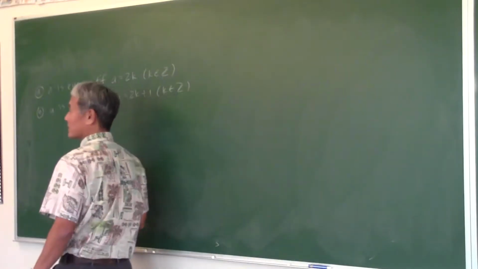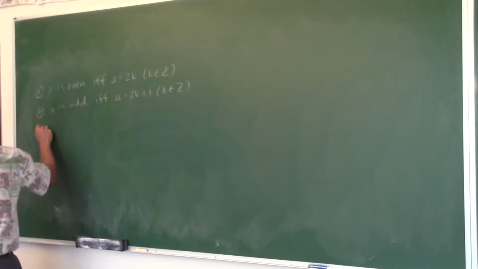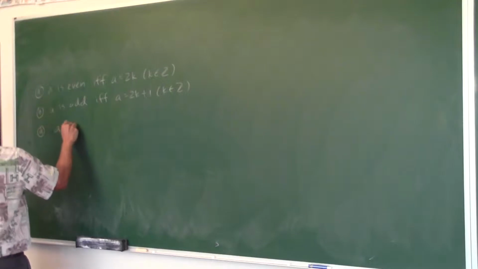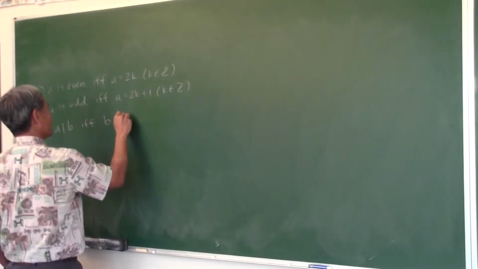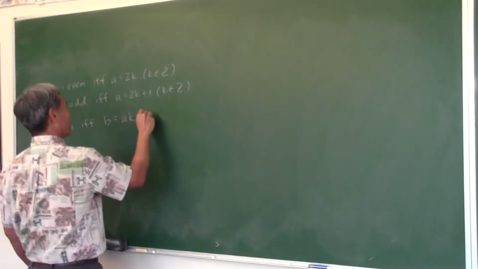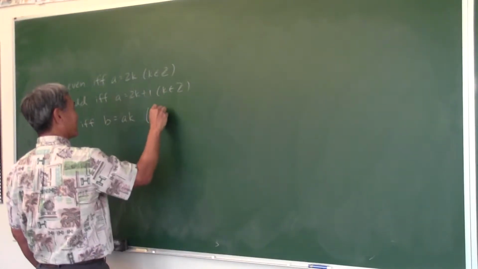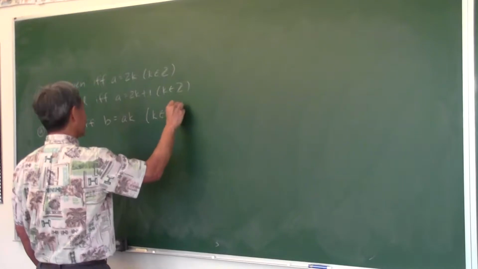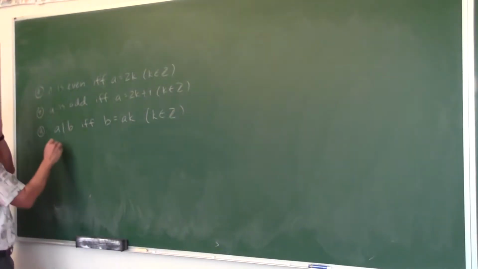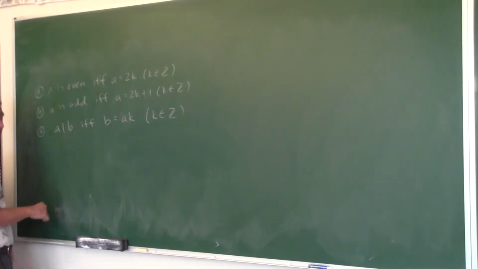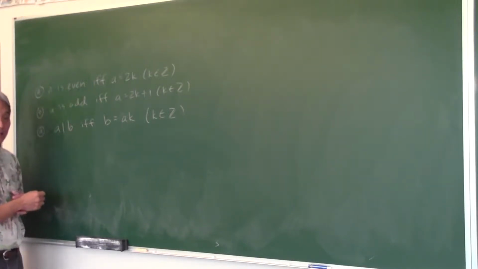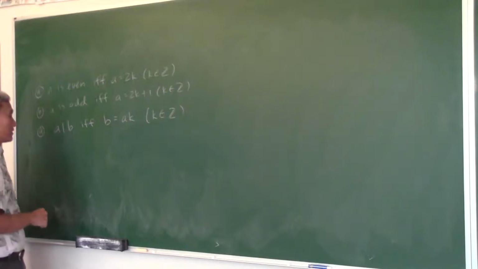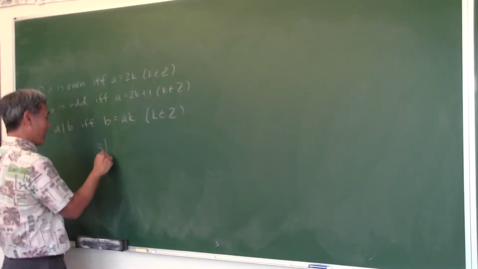Now, next definition. C. A divides B if and only if B is equal to Ak for some integer k. Now, this symbol here means A divides B. Another way to think of it is A is a factor of B. So 3 is a factor of 12.